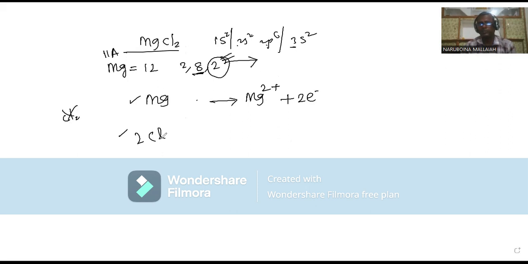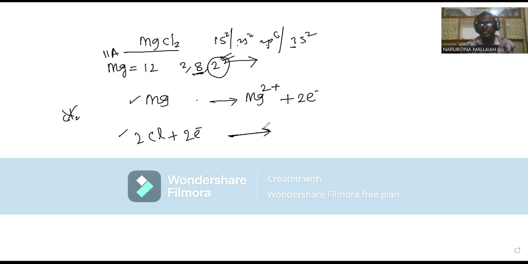Write 2Cl only. Each chlorine atom receives one electron only, right? So this magnesium loses 2 electrons. These lost electrons are taken by chlorine. One chlorine takes 1 electron, another chlorine takes another electron. So two chlorines are receiving 2 electrons.